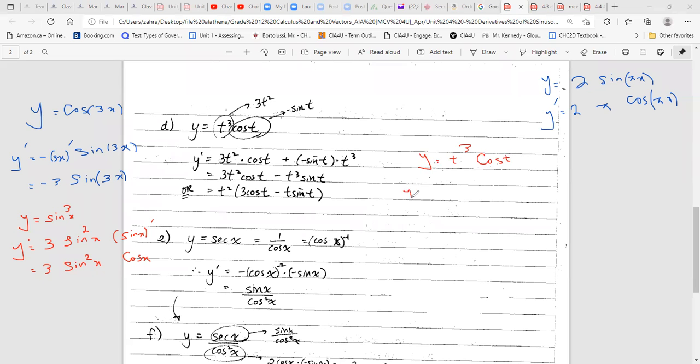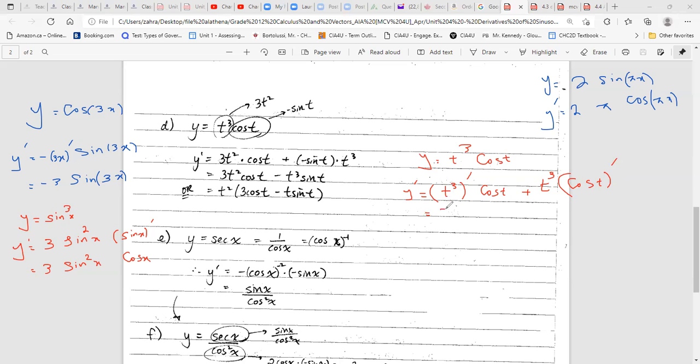The product rule says two things multiplied by each other: the derivative of the first one, I just put a prime above that, multiplied by the second one without any change, so cosine t. Plus, now the first one without any change, multiplied by the derivative of the second one. So I'm going to apply that.